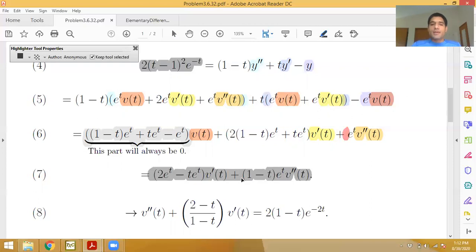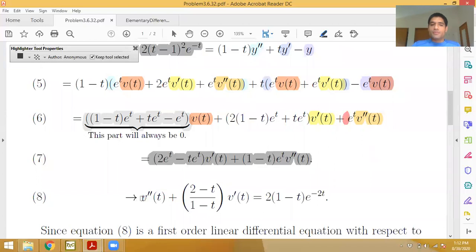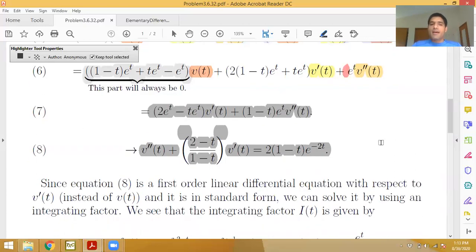So that being said, we go ahead and do the division, and we see that the result is v prime prime of t plus 2 minus t over 1 minus t times v prime of t equals 2 times 1 minus t times e to the negative 2t. And now we see that equation A is a normalized first order linear differential equation with respect to the function v prime of t.